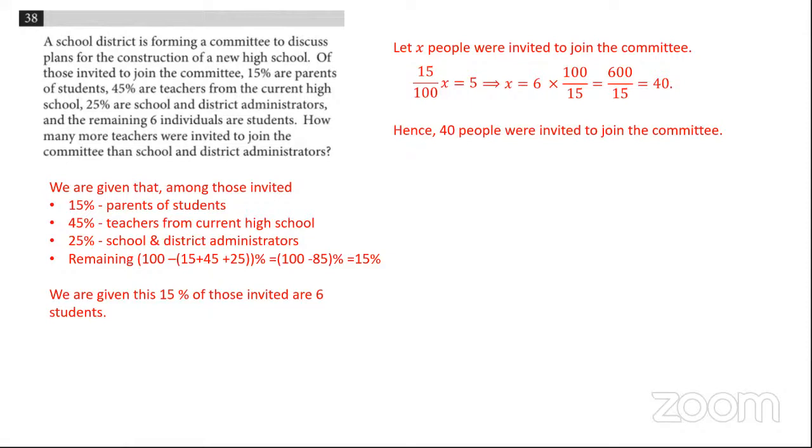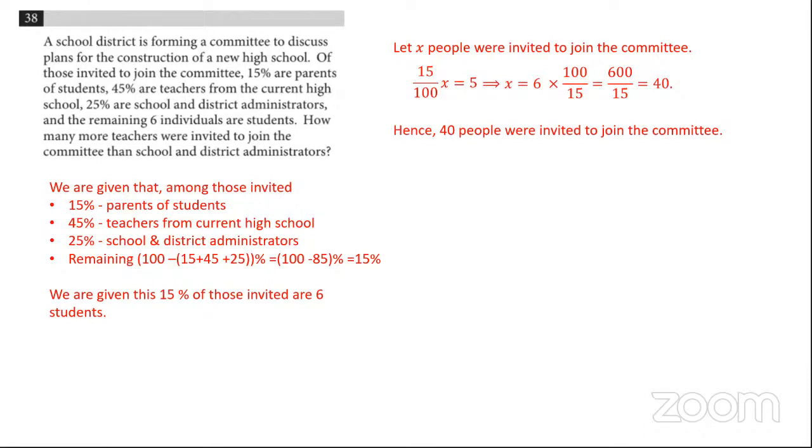So we are asked to find the difference in the number of teachers and school and district administrators invited. That is the number of teachers from the current high school minus the number of school and district administrators that are invited.